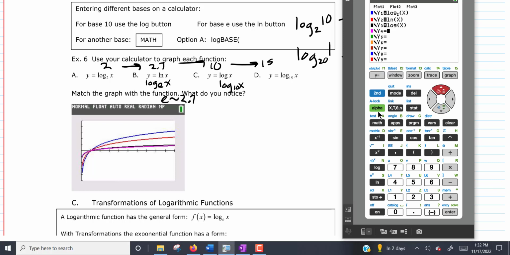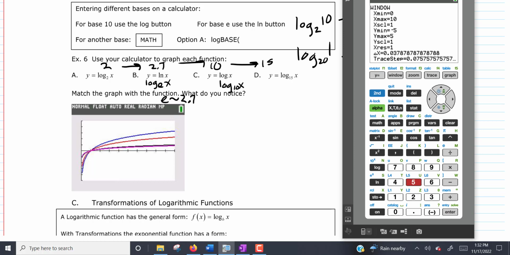With this one, you would have to go math, down to option A, log base, and then put in 15 of x. Then do a standard window, or actually do your window like my graph is. Make y minimum -5 and y maximum 5, and x from 0 to 10.